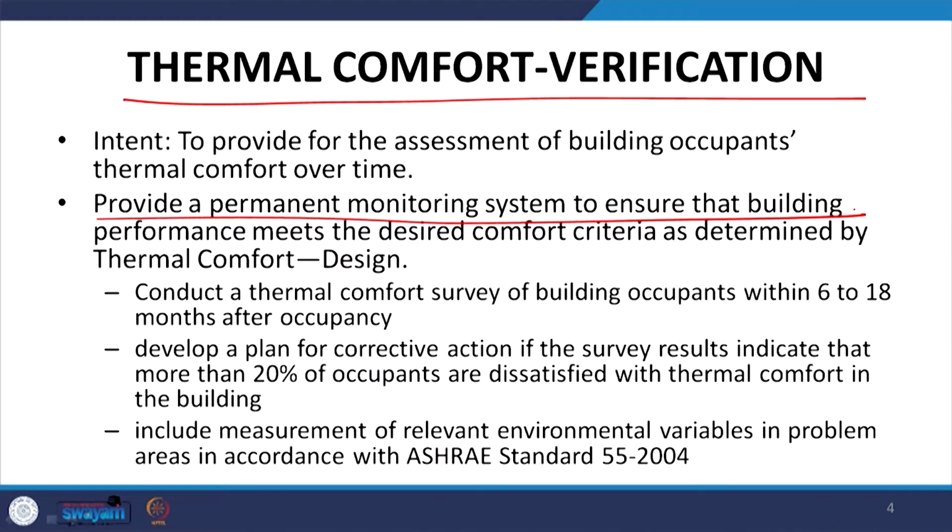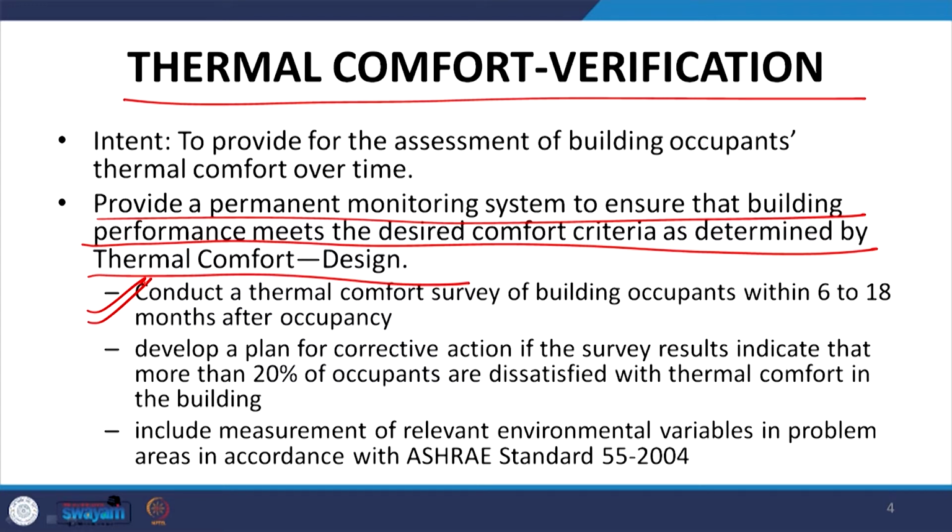So, what needs to be done is we would provide a permanent monitoring system to ensure that the building performance meets the desired comfort criteria as determined by the thermal comfort design, which we just saw on the previous slide. How would that be done? One, conducting thermal comfort surveys with building occupants within a period of 6 to 18 months after occupancy.